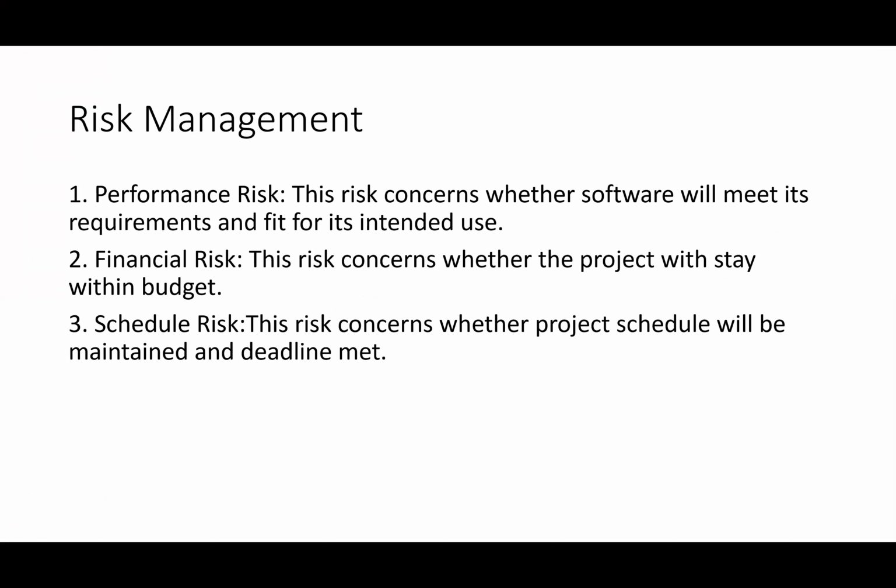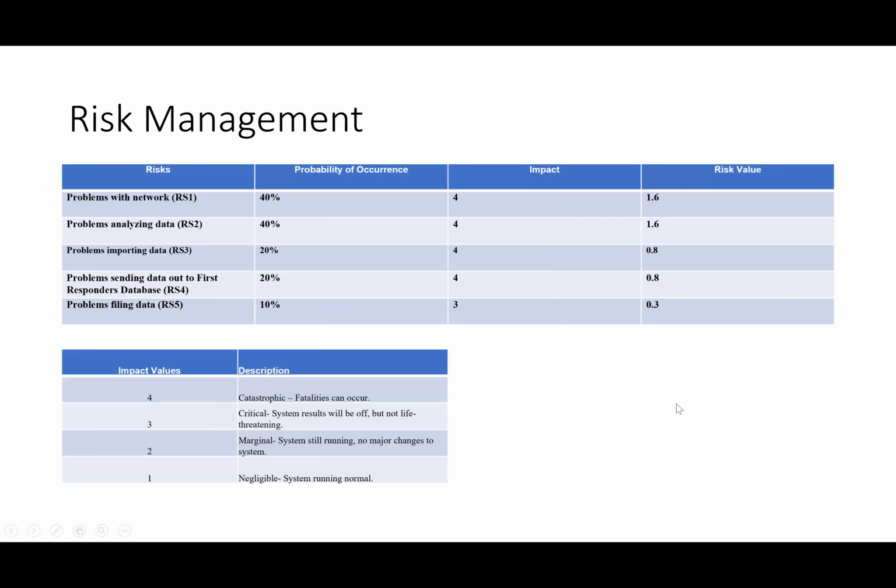This risk concerns whether project schedule will be maintained and deadline met. So this is a very important aspect, making sure that we meet the project schedule, since one of the goals is to get this software on the market and being used within 2 years. So going into the top 5 risks for this project.